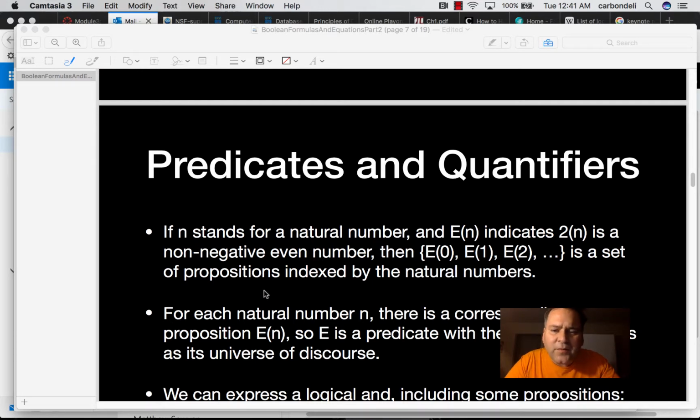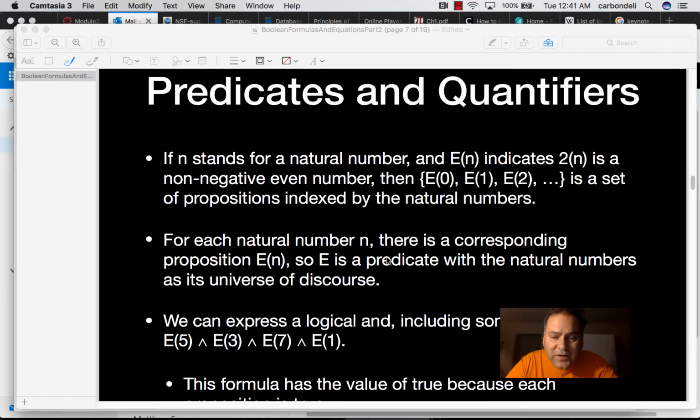If n stands for a natural number and E of n indicates 2 times n is a non-negative even number, then E of 0, E of 1, E of 2 is a set of propositions indexed by the natural numbers. For each natural number n, there is a corresponding proposition E of n, so E is a predicate with the natural numbers as its universe of discourse.